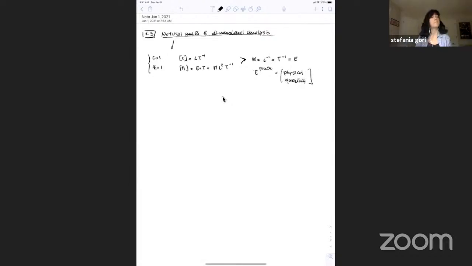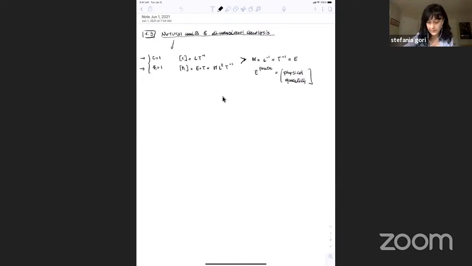We can look everywhere on the web or in our books and see what is the value for the speed of light and for the reduced Planck constant in whatever units, and then you get relations.